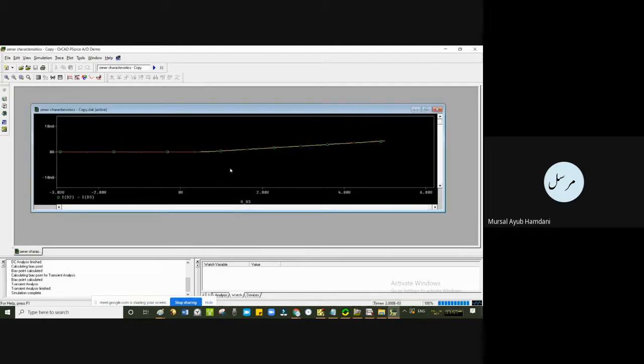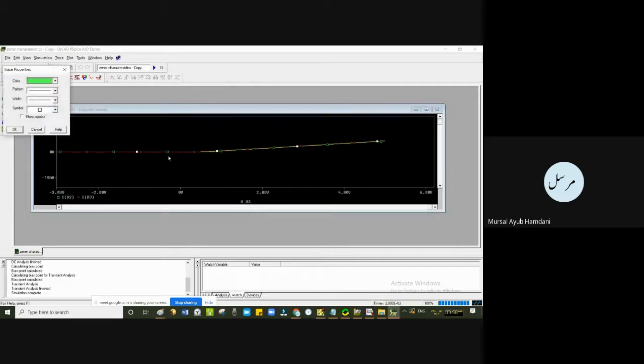Okay, so you can clearly see that the simple forward bias is similar. Let me make it a little more darker.